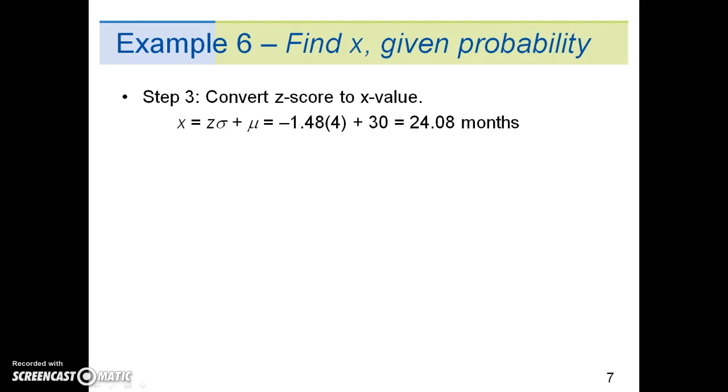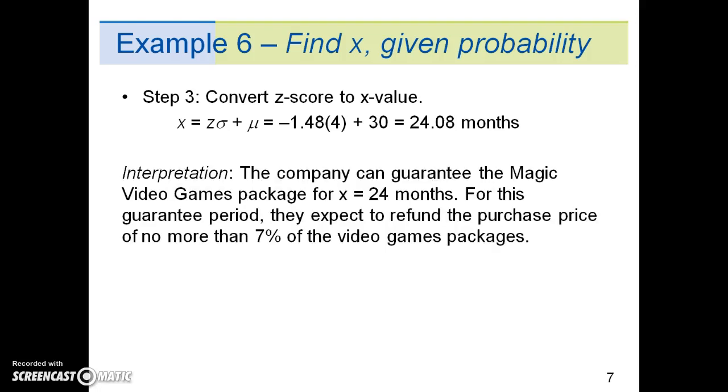And doing the math, we get 24.08 months. For the interpretation, what this means is the company can guarantee the Magic Video Games package for x equals 24 months. For this guarantee period, they expect to refund the purchase price of no more than 7% of the video games packages.